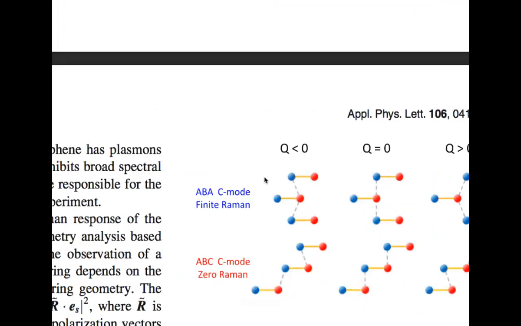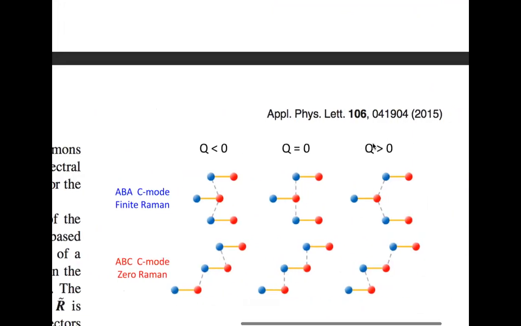Once you move, you can see that when Q is larger than 0, this moves on one side and this moves on the other side, and then you have something like a zigzag oscillation. Is it clear? Now let me ask you, is this Raman active or not? Yes? No?